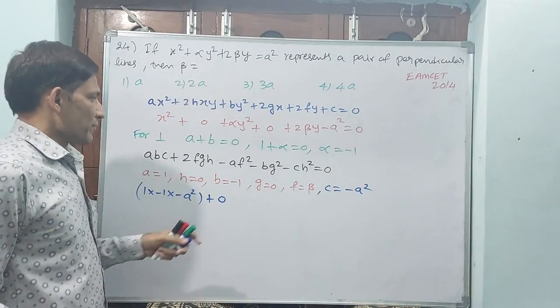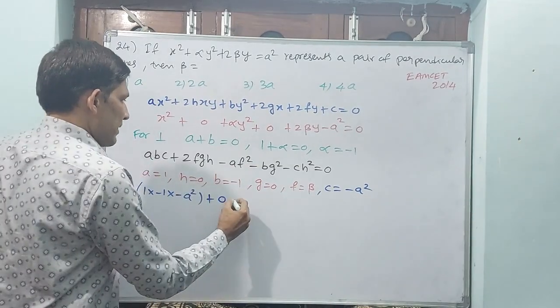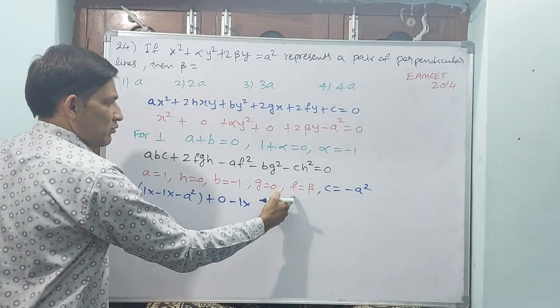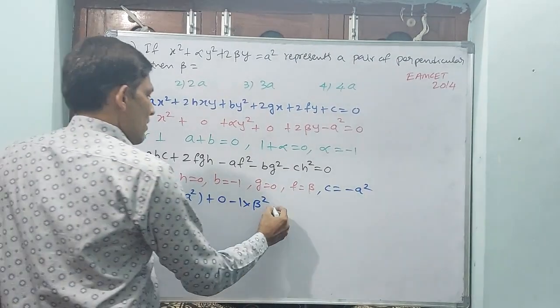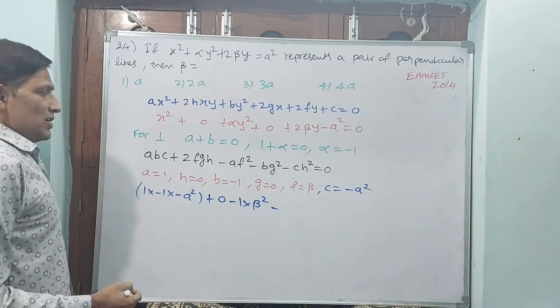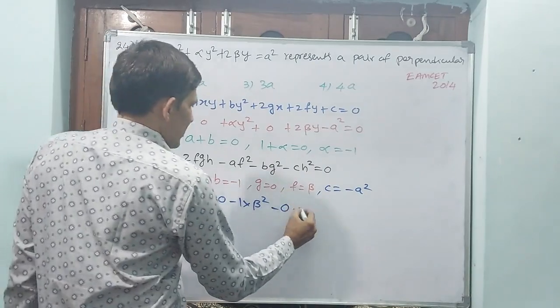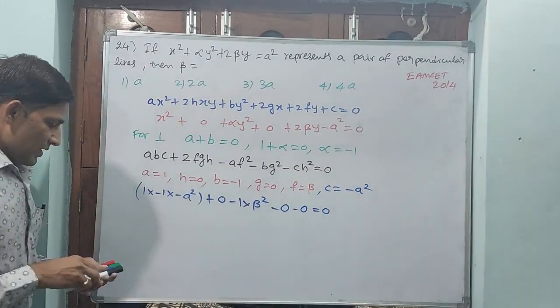Now f is there. Minus a means minus of a is 1, into f square, beta square. Minus bg square, g is 0, so I simply write 0. Minus ch square, h is 0, so simply 0, that is equal to 0.